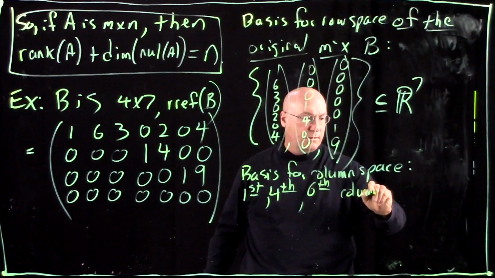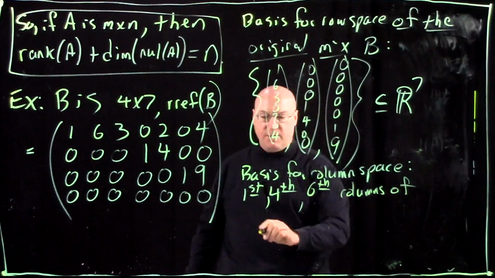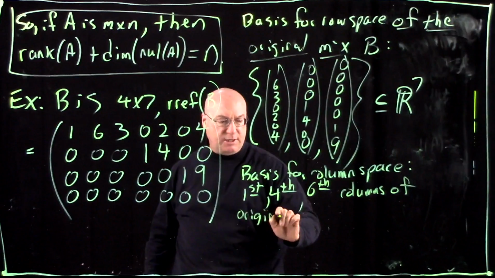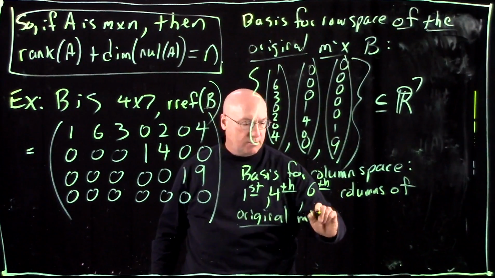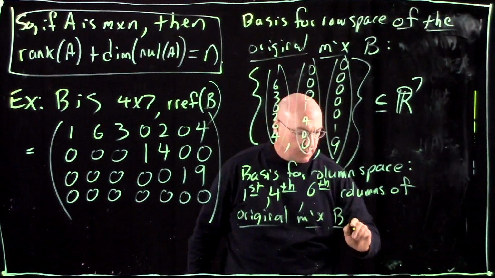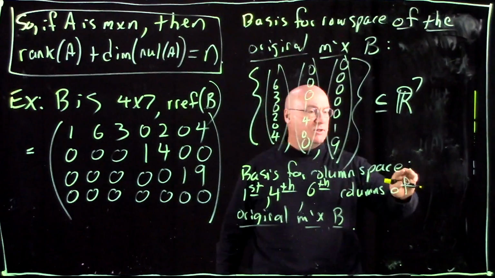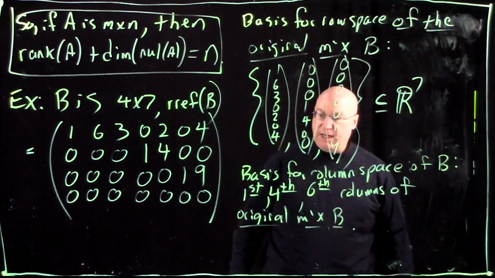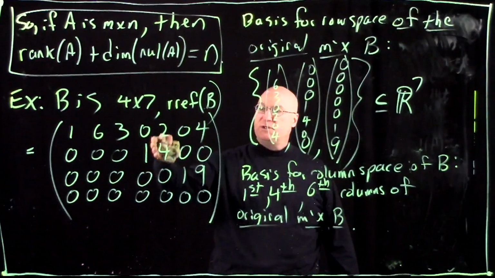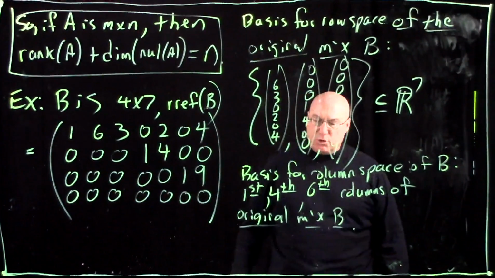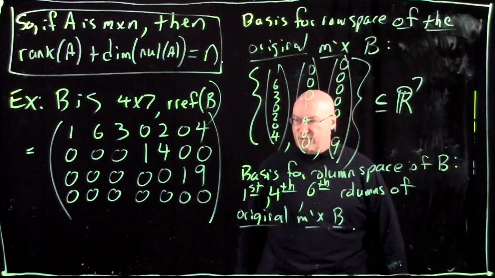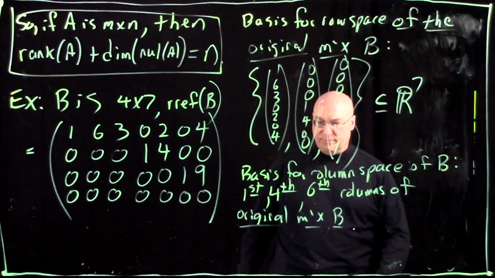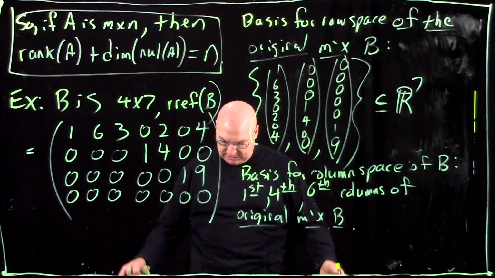So I want a basis for the column space of the original matrix B, and the answer is whatever the first, fourth, and sixth columns were of the original matrix. I don't have them here, and I'm not going to write them out. So that's it. That's easy.